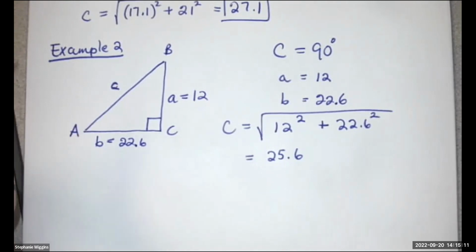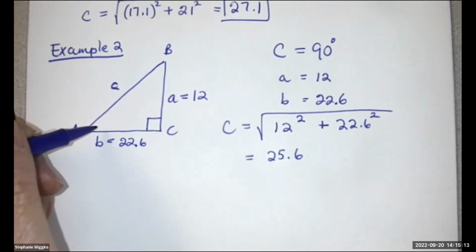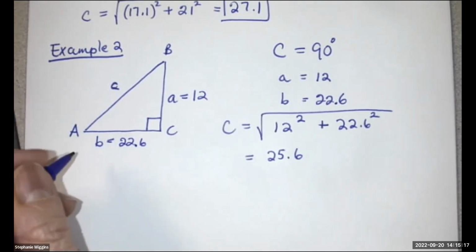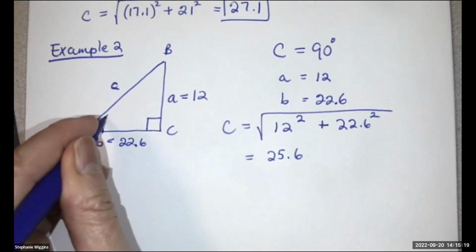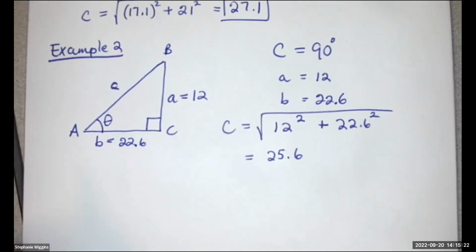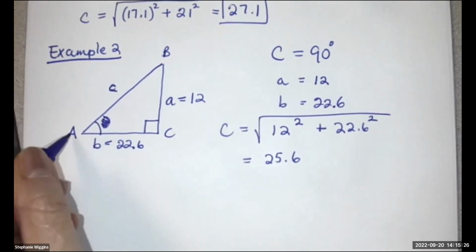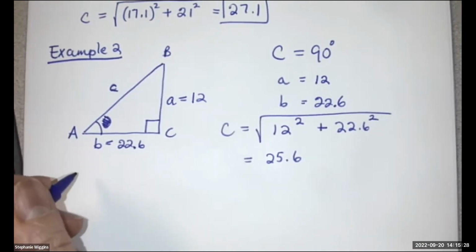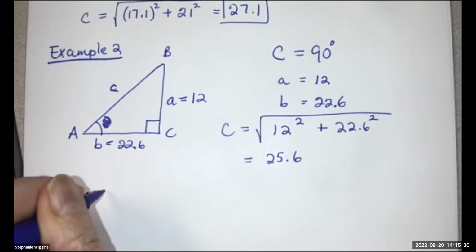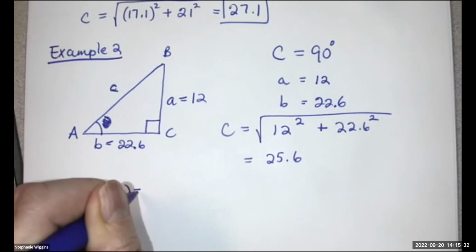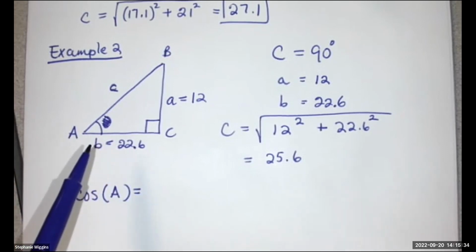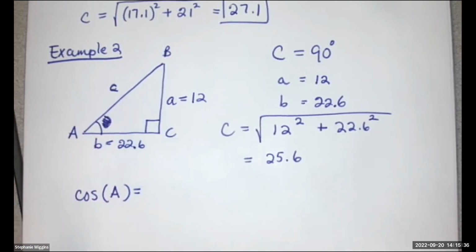So let's just try for angle A, let's try cosine. Okay, so I don't know this angle here. Well, we'll call it angle A. I don't need theta if I already know A. So I'm going to go cosine of A is equal to adjacent over hypotenuse.